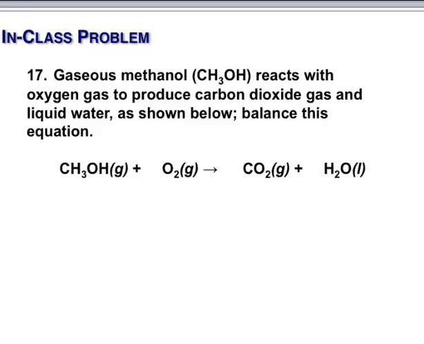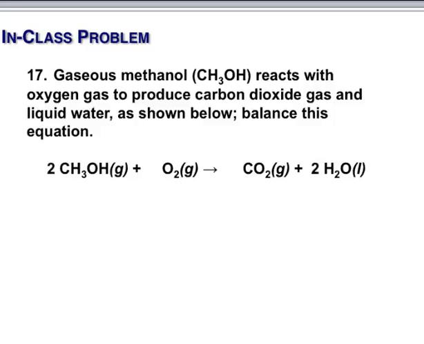Everything balances out just as it's written, except for the hydrogens, right? Yeah. We have 4 hydrogens, we only have 2. So let's fix that. Now by fixing that, we've messed up the oxygens. So we need an extra oxygen, so let's double it here. Now by fixing the oxygens, we've screwed up the hydrogens again.